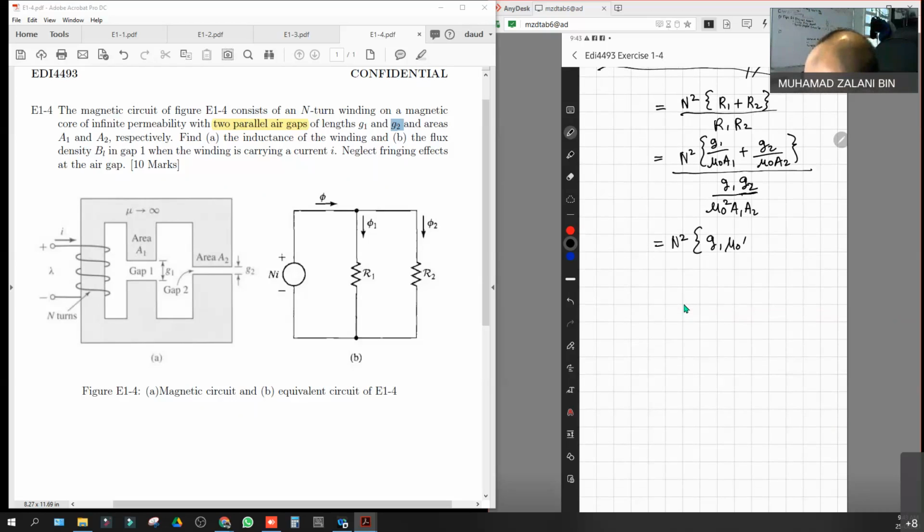You can just proceed with your calculation as well over there. I'm going to continue with my calculation here. If you find something wrong with my calculation, just let me know. Okay.